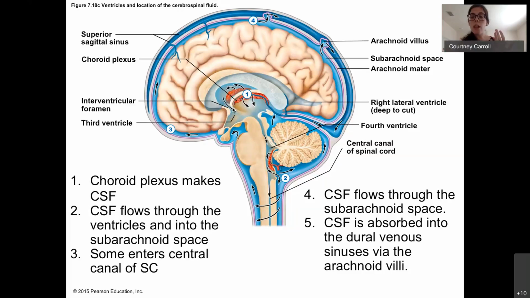So if you analyze the contents of your CSF, it can tell you a little bit about what's happening in the brain. For example, it can tell you if you have a bacterial infection, if there's a high level of bacteria in that CSF. The other reason why you would get a lumbar puncture is to help relieve some of the pressure. So the brain is in this enclosed space with fluid, and if the brain starts to swell, it's going to push the fluid and increase the pressure because there's nowhere for that fluid to go.